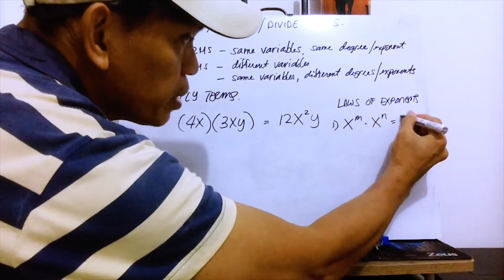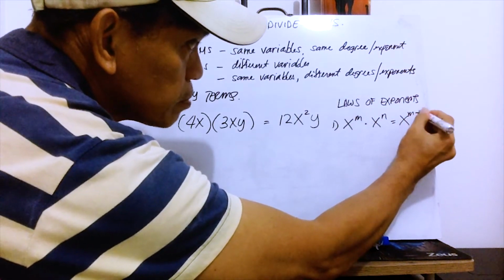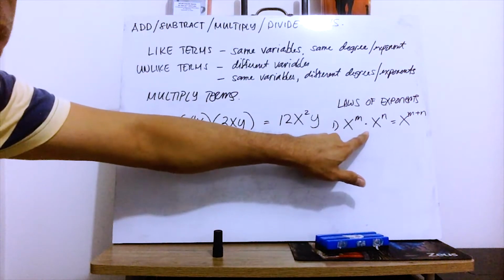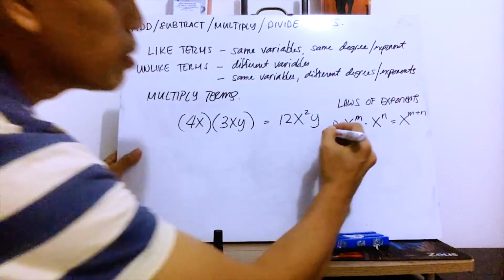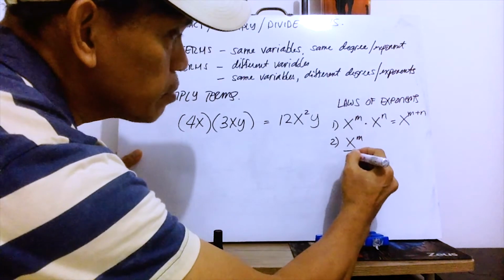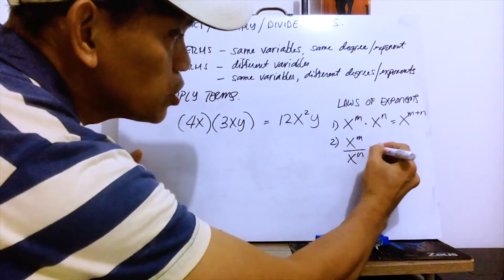You can combine them by adding them. There. It happens only in multiplication, right? Next, when you divide, you subtract the exponents.